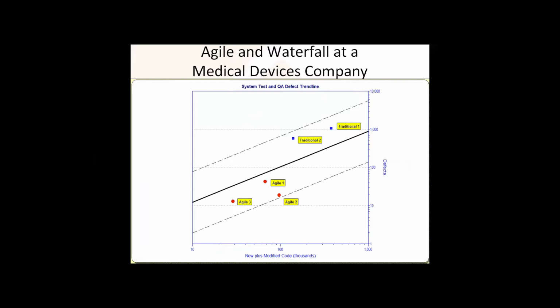This happens to be a case study of looking at the bugs found during testing in one company, a medical devices company. They had a couple of large waterfall projects with teams of 20, 25, 30 people, building anything from 150 to 250, 300,000 lines of code. Those are the blue squares on the right side of the graph.